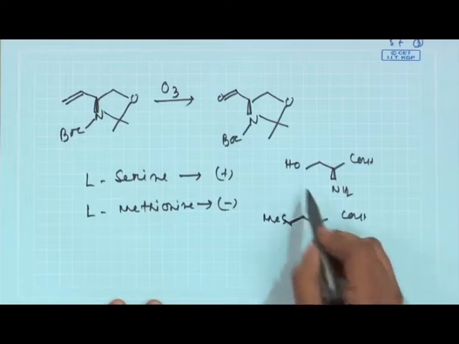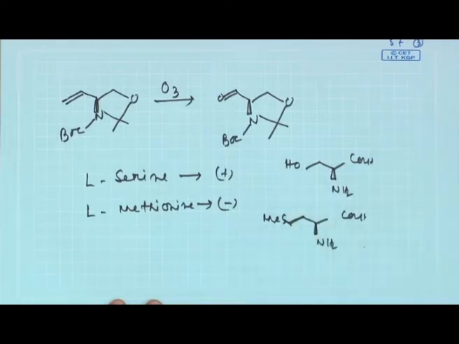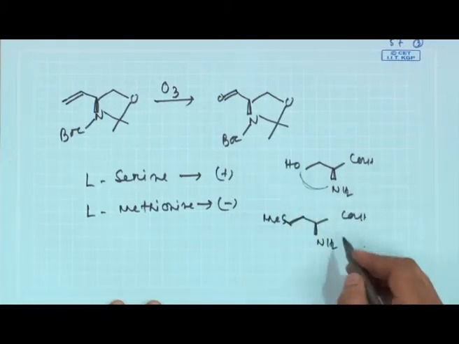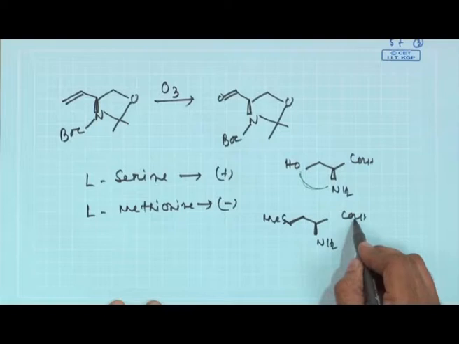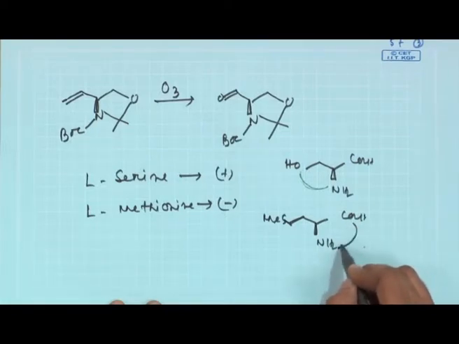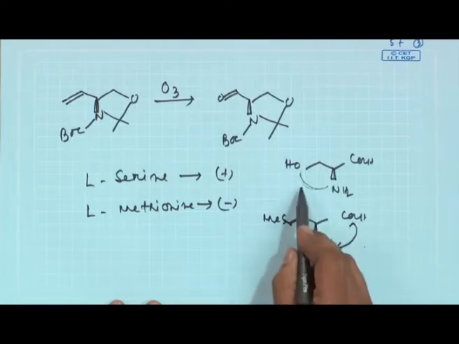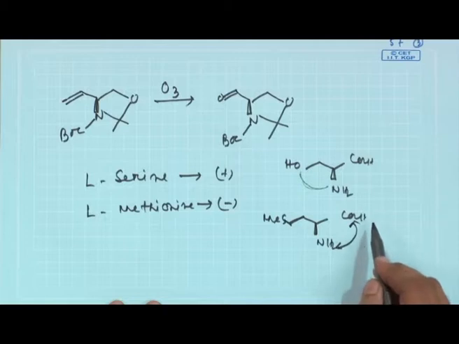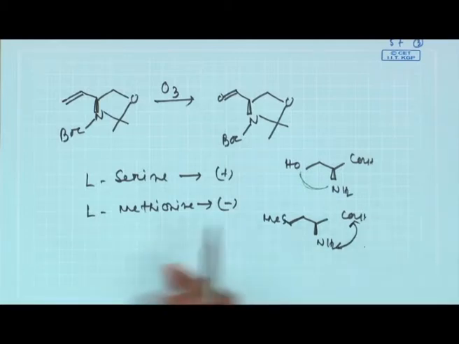In the case of serine, we do the acetonide protection at this stage. In the case of methionine, we convert this CO2H to CH2OH and do the acetonide protection here. So, this is your left-hand side reaction, this is the right-hand side reaction. That is why you created the handedness in the final product.